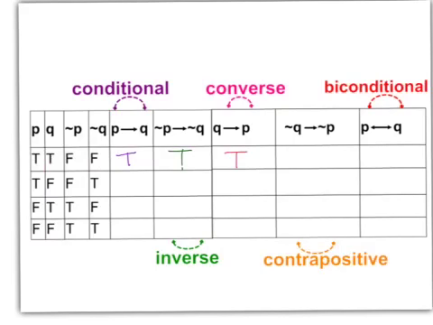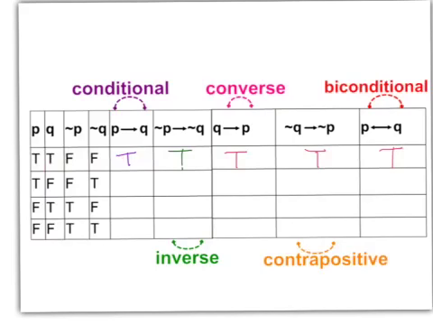The contrapositive, in this case, something false implies something false. So again, that's going to be true. Now, the biconditional said that it's the conjunction of the conditional and its converse. So true and true means that the biconditional is also true. So that whole top line would be true.